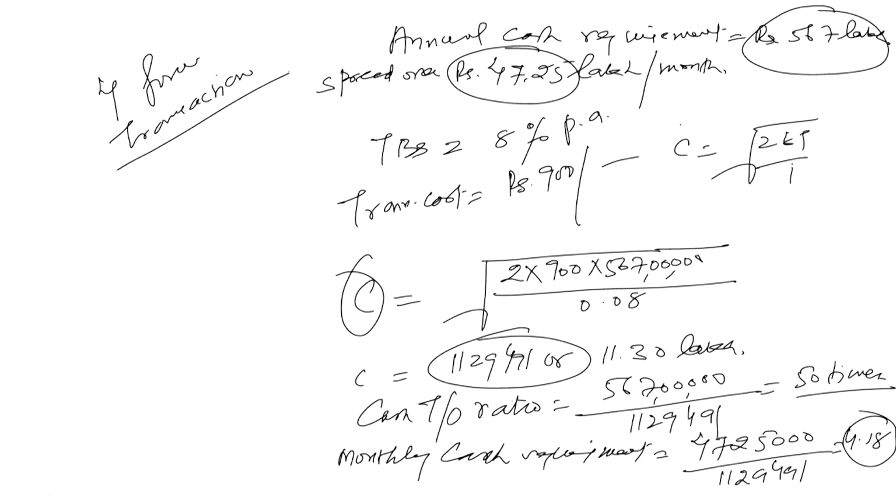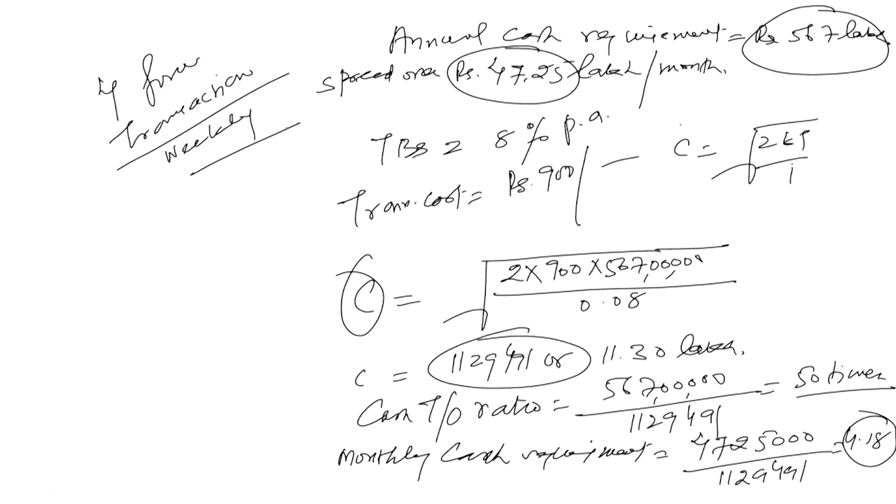Monthly requirement was 47,25,000, and C is 11,29,491. So this ratio works out as 4.18, or roughly you can say 4 times a month the firm is effecting the cash transactions, converting the cash into securities and securities into cash. And finally you can say if it is 4 times a month, it means weekly transactions are taking place.